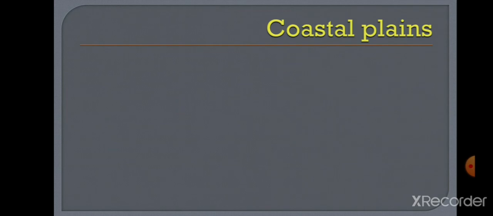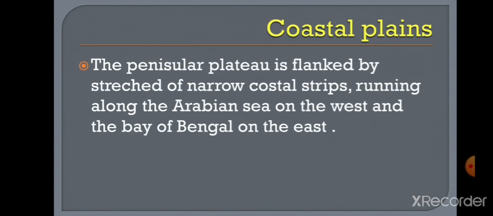Now if we read this, the peninsular plateau is flanked by a narrow stretch of coastal strip running along the Arabian Sea on the west and the Bay of Bengal on the east. Basically, we have a coastal strip running along the Arabian Sea and the Bay of Bengal. The Bay of Bengal is in the east and the Arabian Sea is in the west.